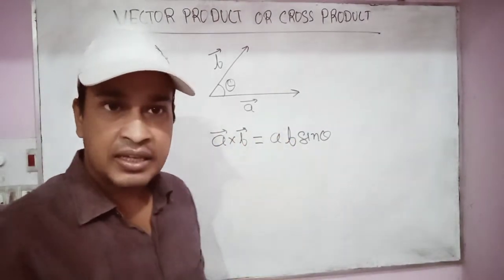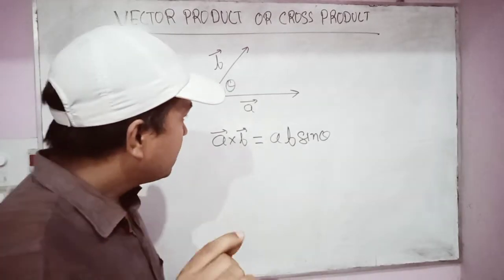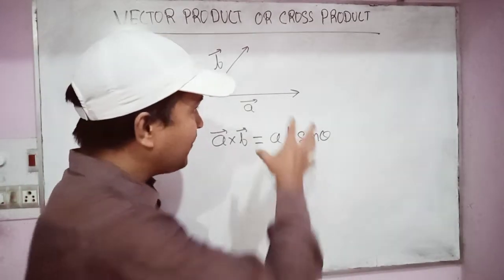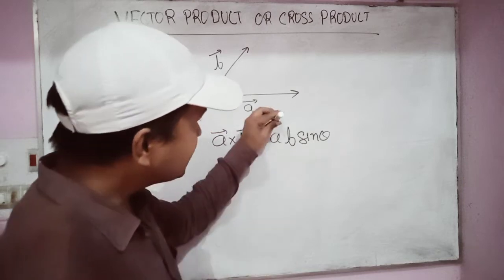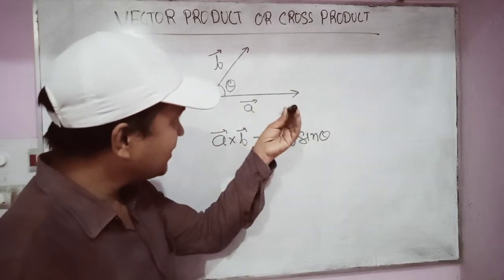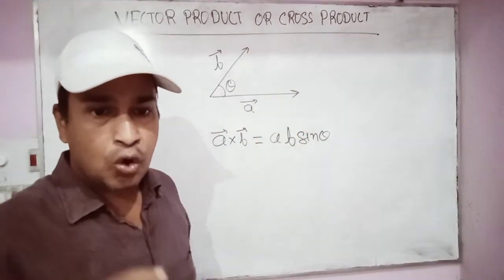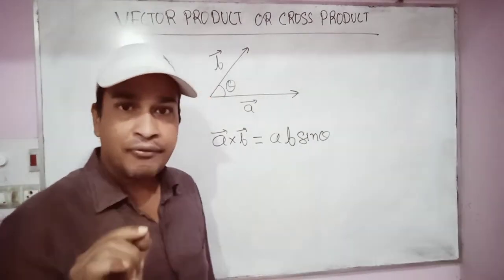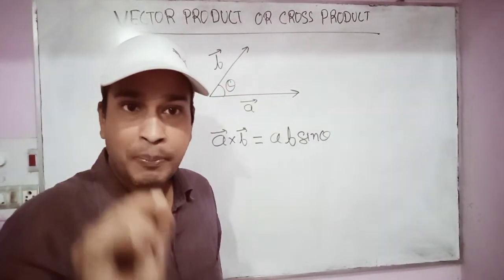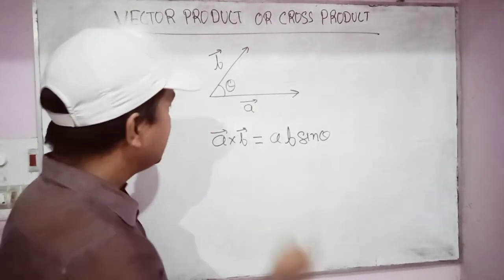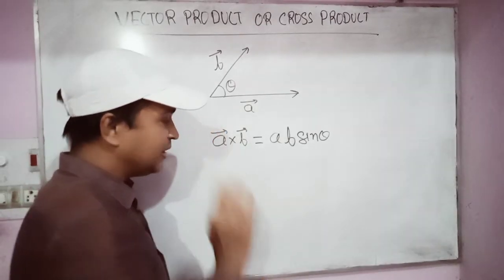But there is a little confusion. There are two perpendiculars to the board. One is out of the board and another is into the board. So how can we decide which of the perpendiculars is the direction of vector A cross vector B?